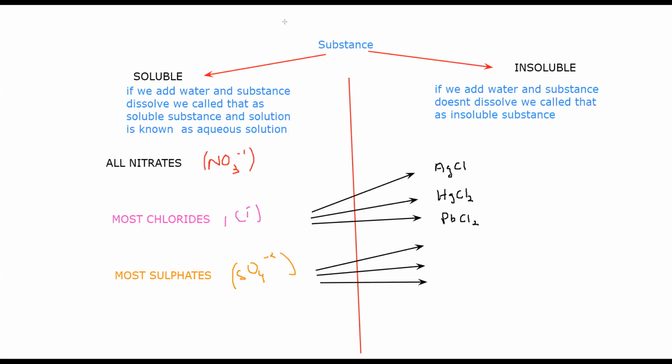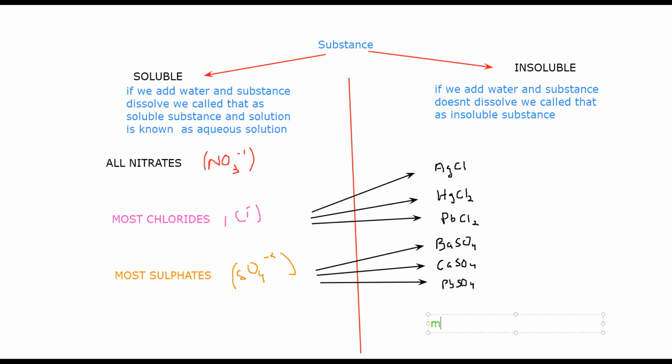So barium sulfate, BaSO4, calcium sulfate, CaSO4, and lead sulfate, PbSO4. These are insoluble sulfates.